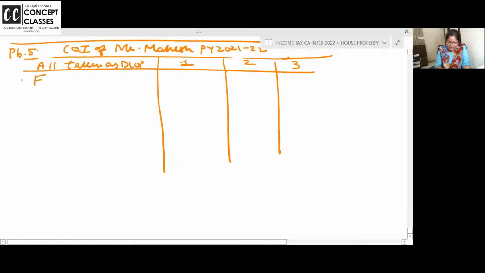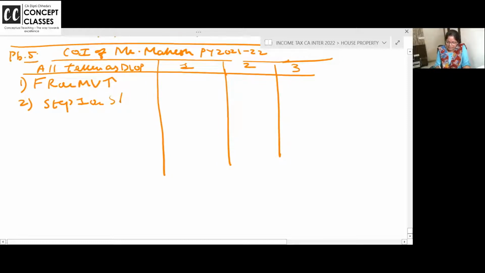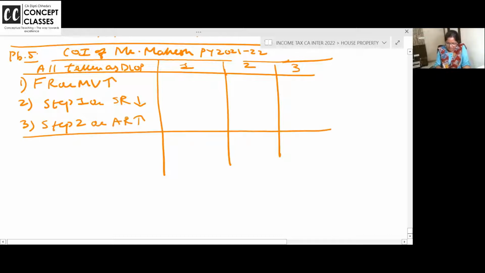Let us quickly write step 1. Fair rent or municipal value, whichever is higher. Step 1 answer. Are you all solving with me? Those who have not got it, and those who have done, they can check it, please. Step 1 or standard rent, whichever is low. Step 2 or actual rent, whichever is high.